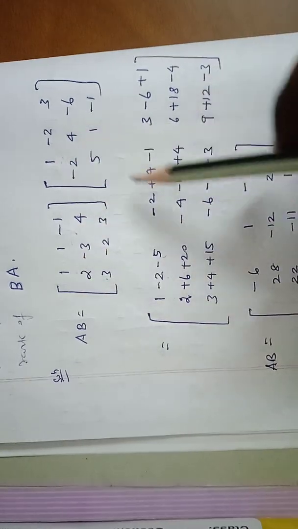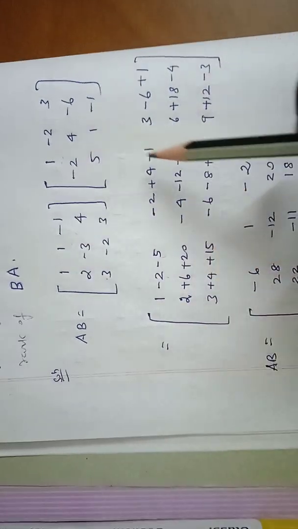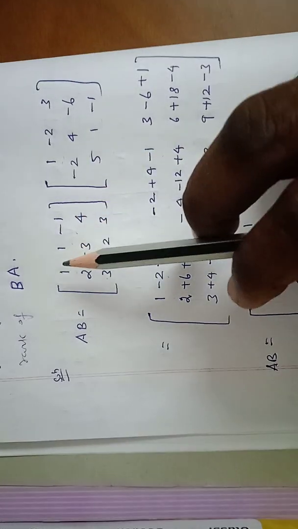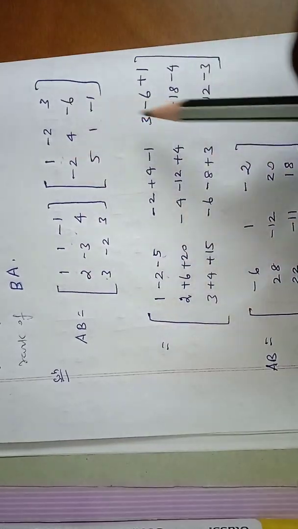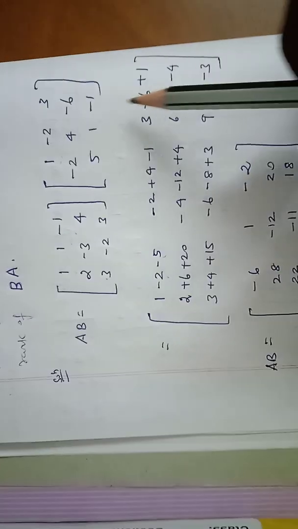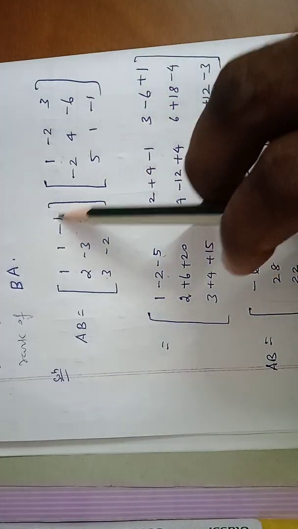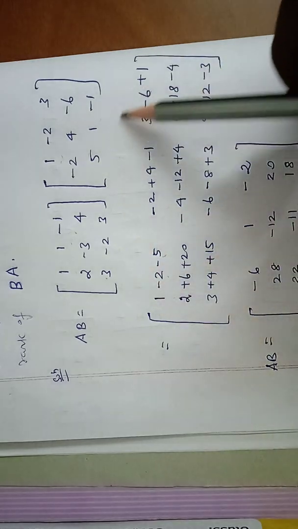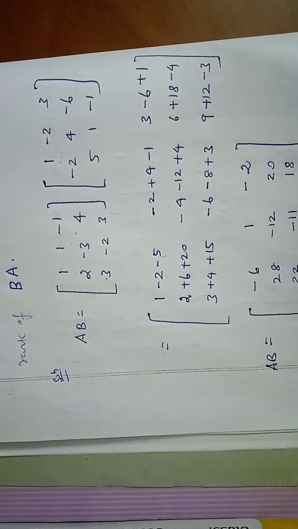Again 1 into -2 is -2, 1 into 4 is 4, 1 into 1 is -1. Again 1 into 3 is 3, 1 into -6 is -6, and -1 into -1 is plus 1.